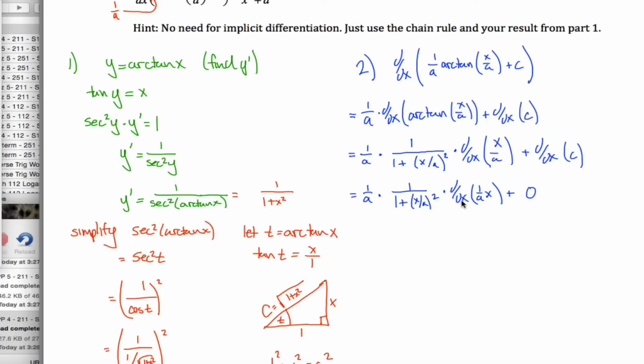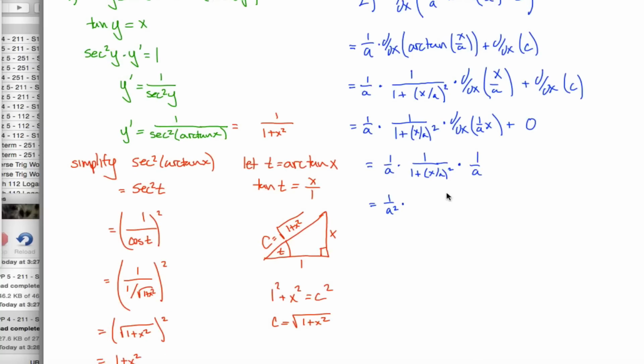And the reason I wrote it like this is I think now it's more obvious that you can pull the 1 over a out in front of this derivative, take the derivative of x, which is just 1, and get 1 over a times 1 over 1 plus x over a squared times 1 over a. In other words, you got 1 over a squared, that's this 1 over a and this 1 over a, times this mess. Well, this mess right here I can simplify a little bit.